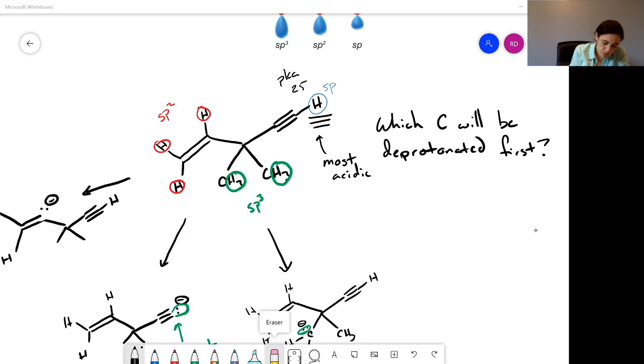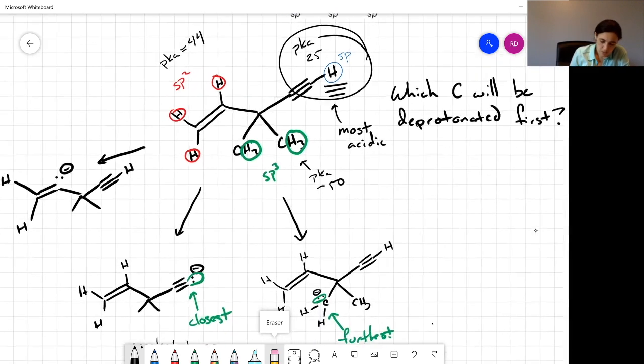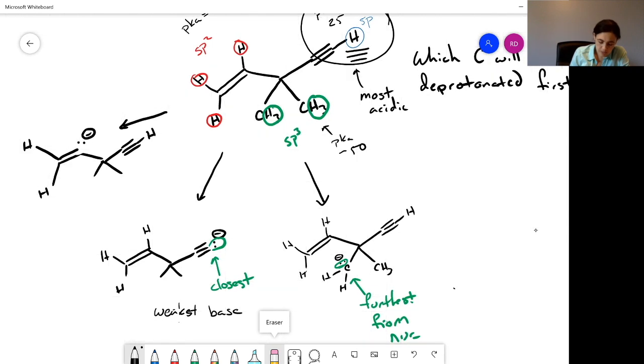For sp2 type systems, and while these won't be exactly equivalent, the pKa's approximately 44. These are in the 50s. So this, again, is most likely to be deprotonated. So if you were going to add a base, this is what you would form.